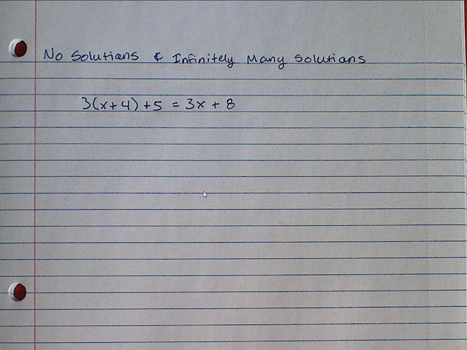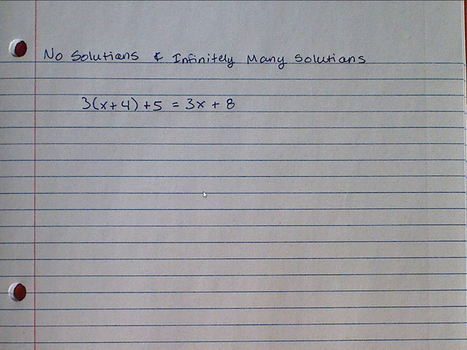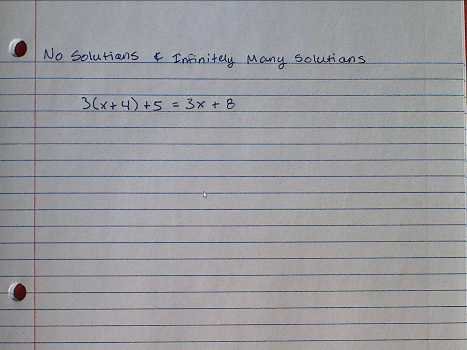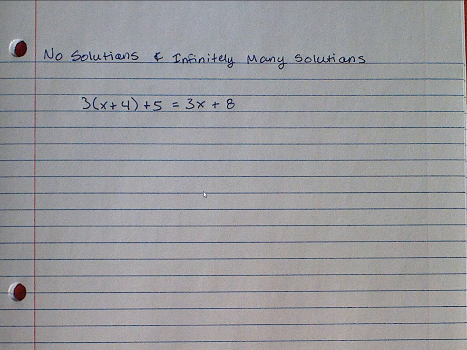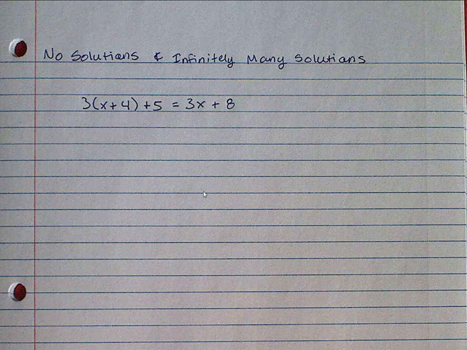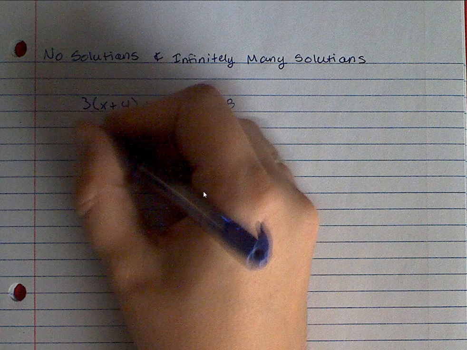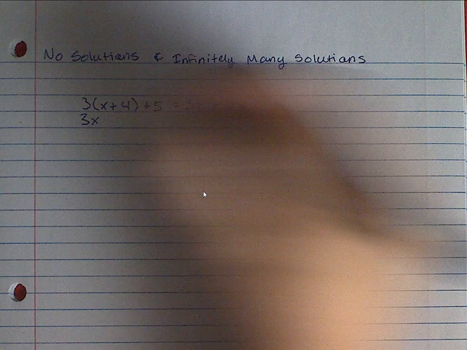All right. So now using the rules that I taught you guys weeks ago on how to solve multi-step equations, the first thing that you need to do is what, Elijah? Right, and what is 3 times x? Cool. And then what's 3 times 4?